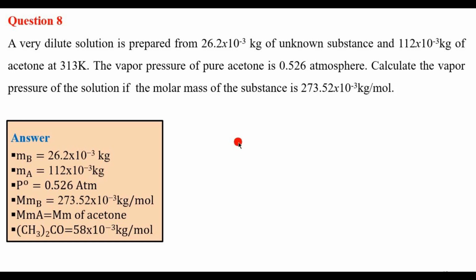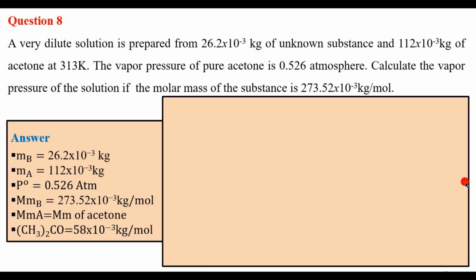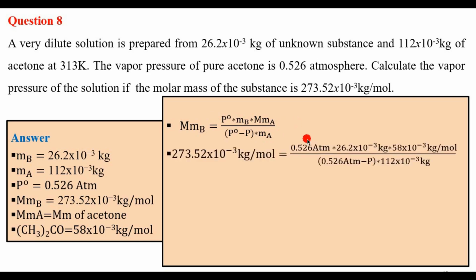Then you can use the formula for the molar mass of the solid, which is equal to this one. Now they are asking for this P, which is the vapor pressure of the solution. The remaining elements you have, then we can replace the values to get the vapor pressure of the solution. This is the MMB, which is the molar mass of the solid, which was given, and this is P naught, the vapor pressure of the pure solvent.